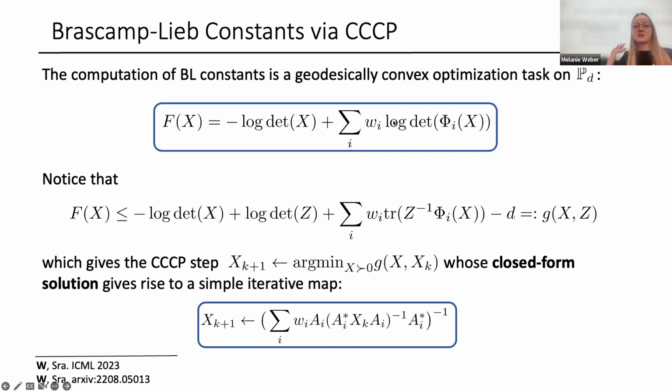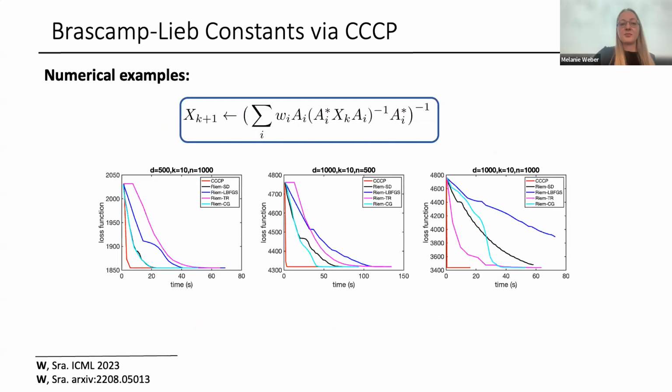Notice that the objective function is a difference of convex problem. So using the usual CCCP construction that we saw earlier, we get a simple iterative map, which is distinct from Suvrit's algorithm and purely derived from the CCCP procedure. If we implement this, what we see, here again CCCP is shown in red, and the other algorithms are first order methods.